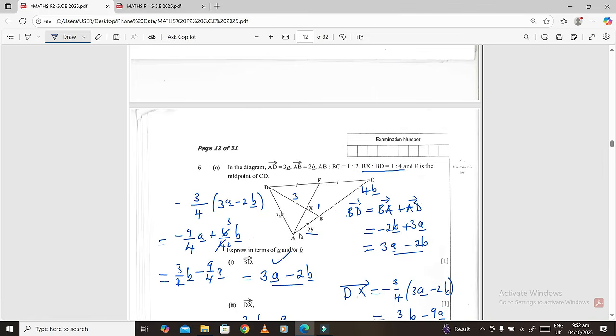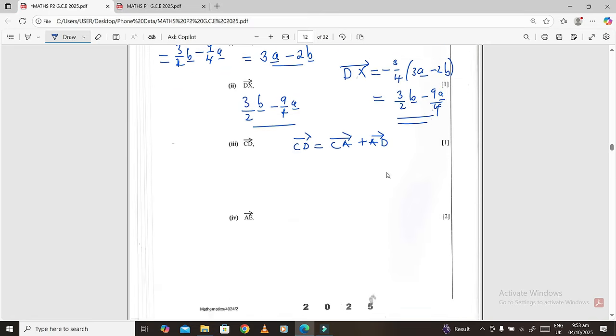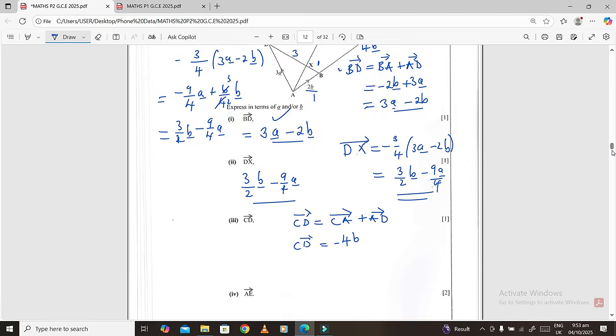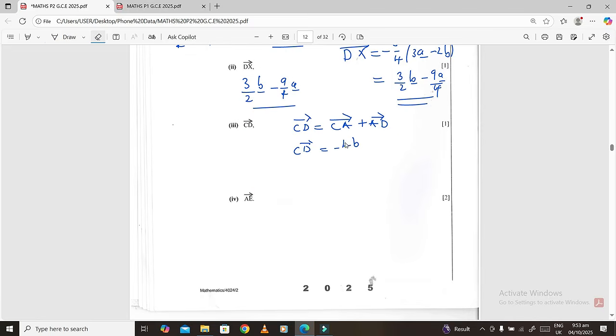Because they have said this is 1 here, and this is 2 here, according to the ratios. Now that they've given us AB, which is 2B, for BC we're going to multiply these 2 by what they've given us here, 2B. That will give us a 4B. So we know that CD will simply be equal to CA, which is negative 6B.